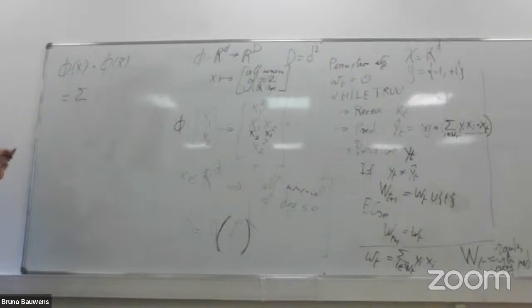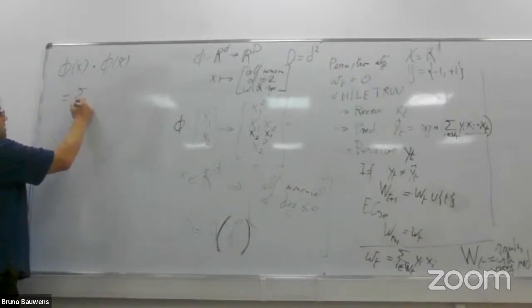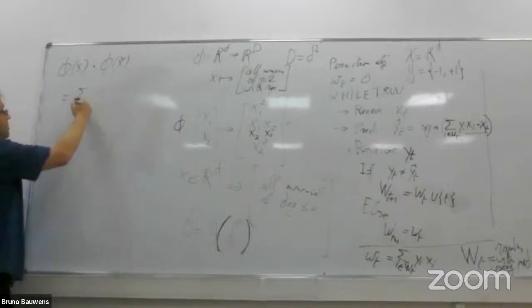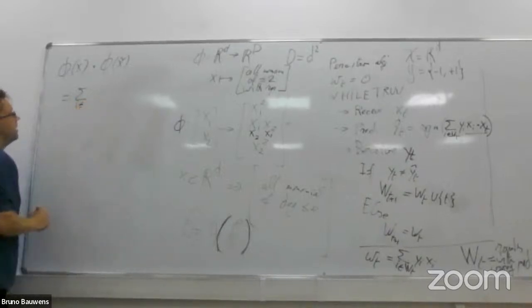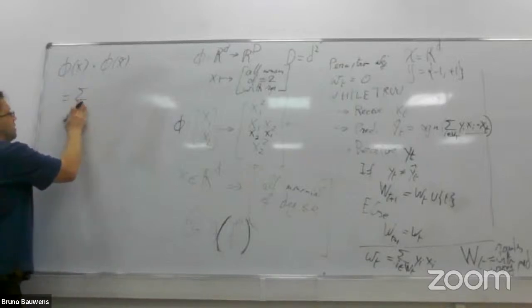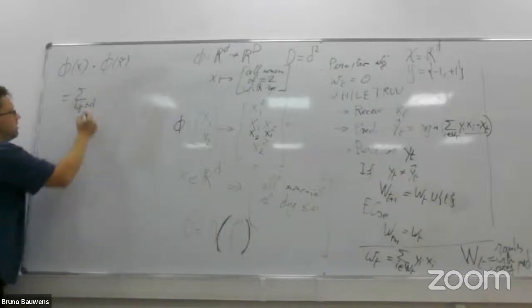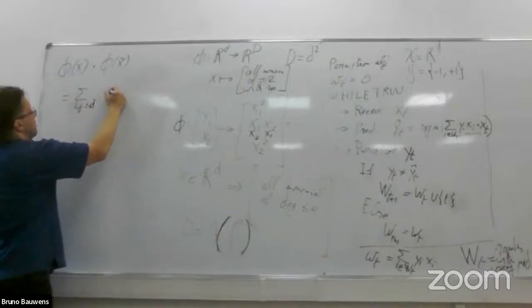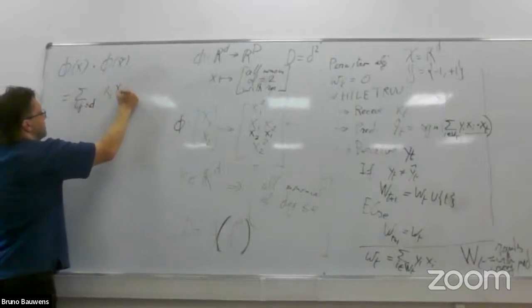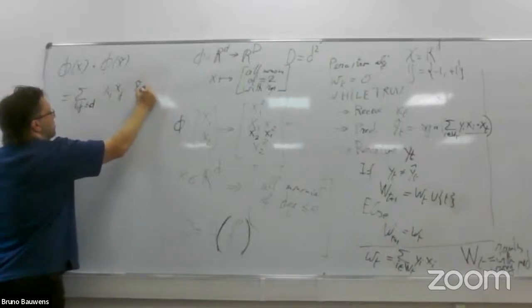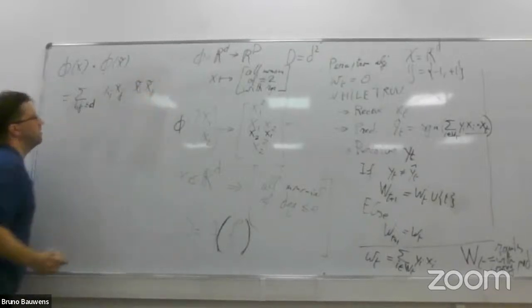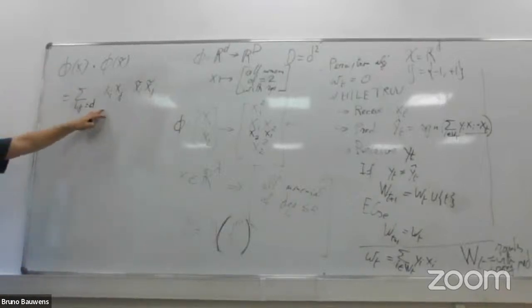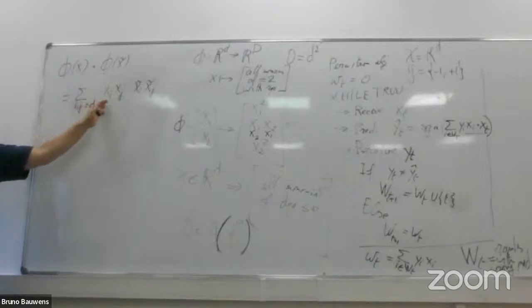We're going slow, but so there is a chance to make everything clear. So we will go over all pairs of indices i, j smaller than d, and we will have here x_i x_j, and the second one will be x tilde_i x tilde_j. So this is the dot product of feature vectors, since every coordinate is a monomial.